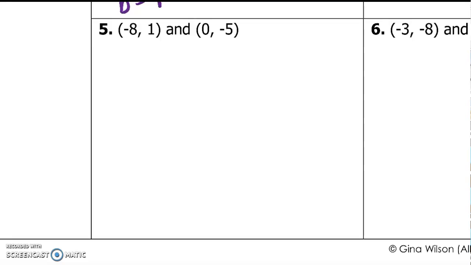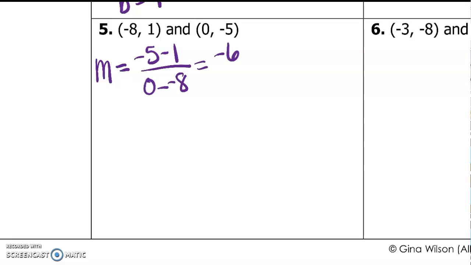Number 5, start with your slope. M equals -5 minus 1 over 0 minus -8. That would give us -6 over +8, which is -3/4. Now you might realize that, oh, that's my y-intercept. 0 for the x just means I'm going down 5, so that's my y-intercept.